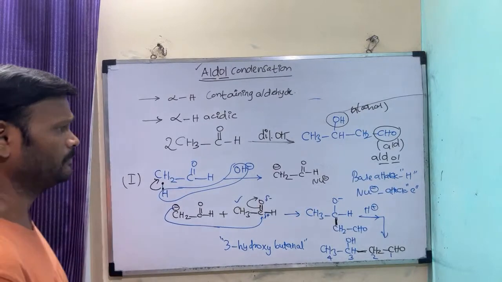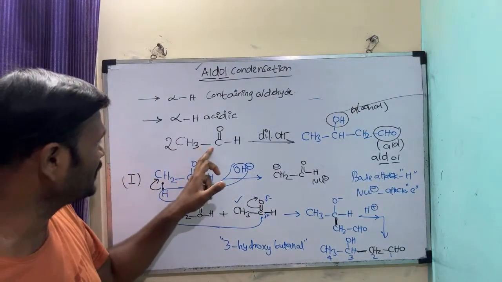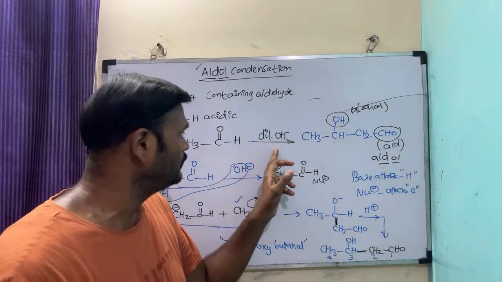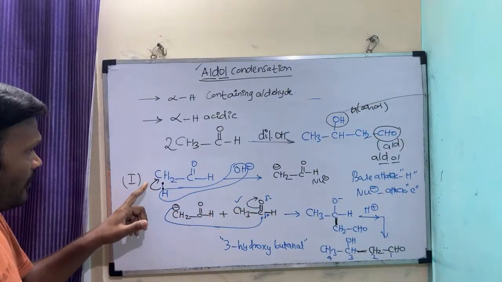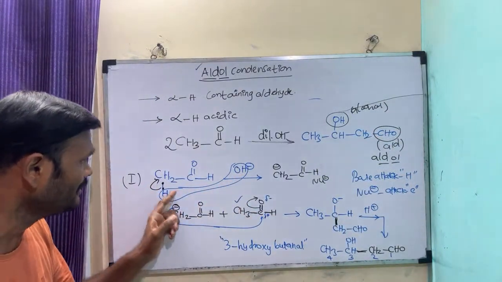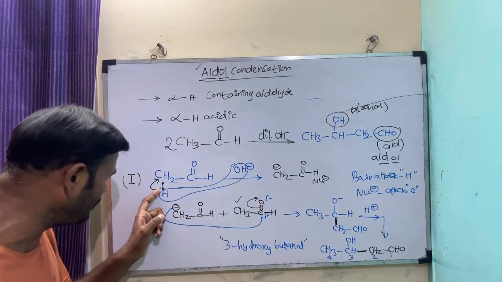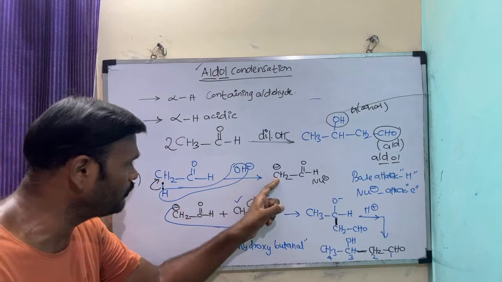In the first step, let me repeat once again. Two molecules of alpha hydrogen containing aldehyde are involved in the presence of base. It forms aldol as a product. The first molecule reacts with a base, which abstracts the alpha hydrogen. So H plus moves off, leaving behind the electrons. That electron pair is transferred to this carbon, so that way it forms a nucleophile.